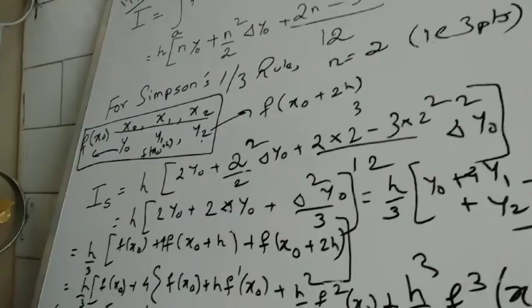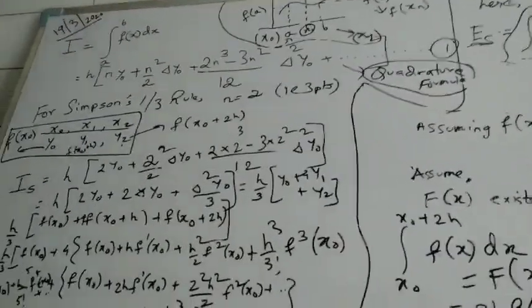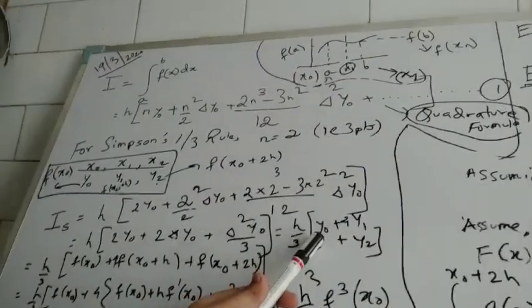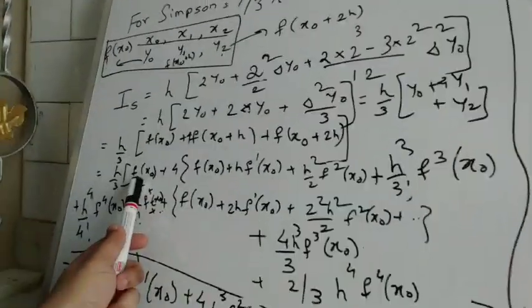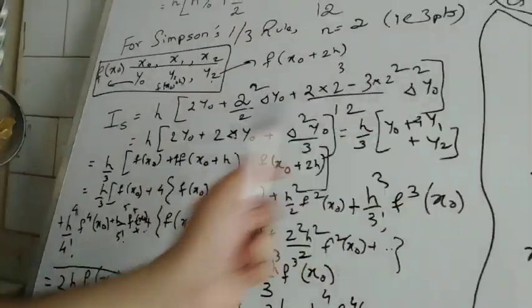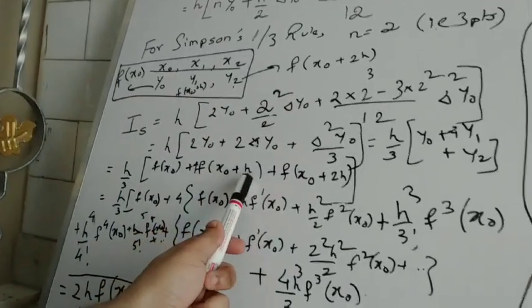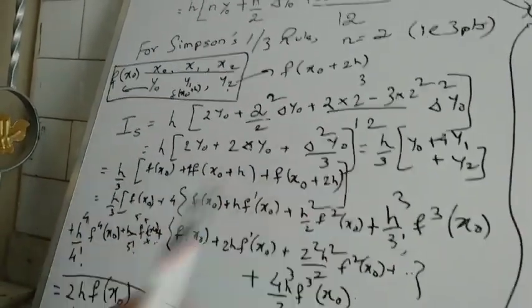Now the procedure will remain the same. y0 is f(x0), y1 is f(x0 plus h), and y2 is f(x0 plus 2h).